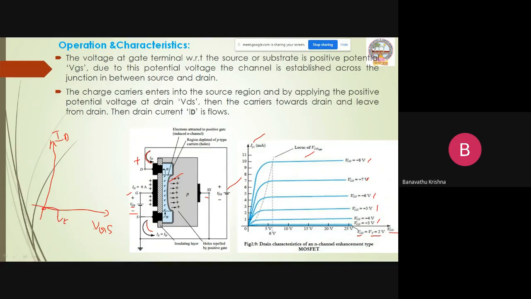If your applied voltage exceeds this value, greater than or equal to VT, then slight changes occur across the channel, and the current slowly increases by varying this VGS. This is the transfer characteristics of the N-channel enhancement mode device, right?